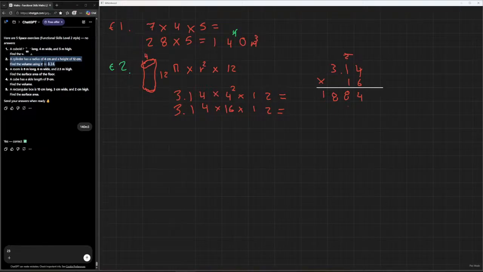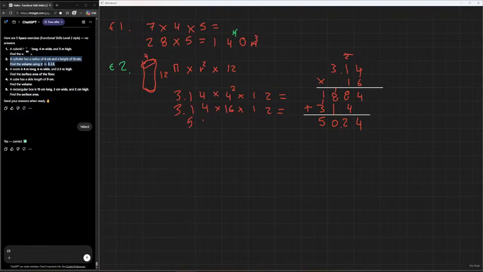Then we add this together. 2 decimal points. 50.24.